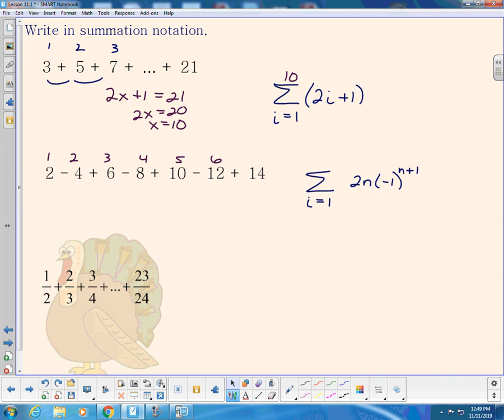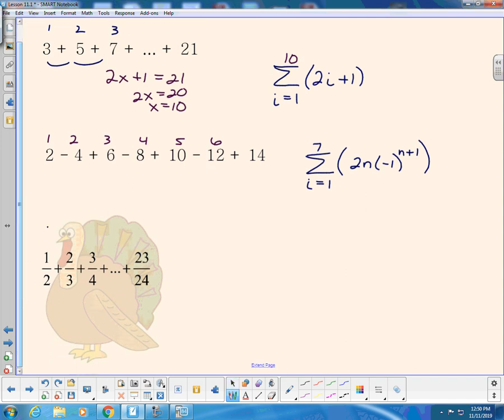All right. We already have 1, 2, 3, 4, 5, 6, 7. We already have all terms. We don't have any dots. Right? You guys can figure out the last one? Yeah, we'll do it. We'll do it since we're here.